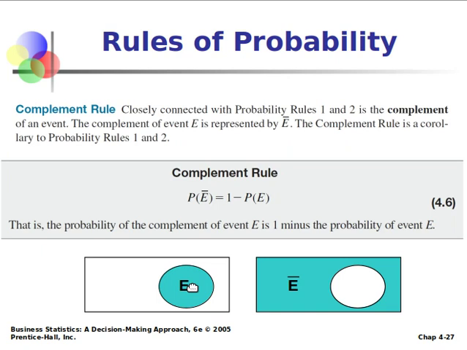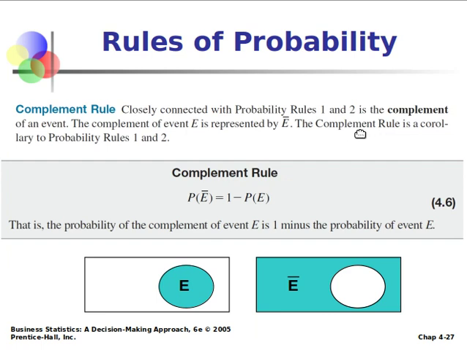Now, there's another concept, complement rule. Closely connected with probability rules 1 and 2 is the complement of an event. The complement of an event is represented by E bar, E with a dash on top.